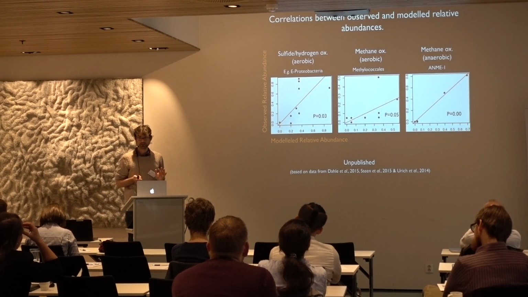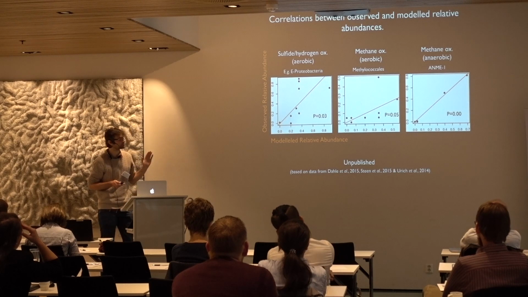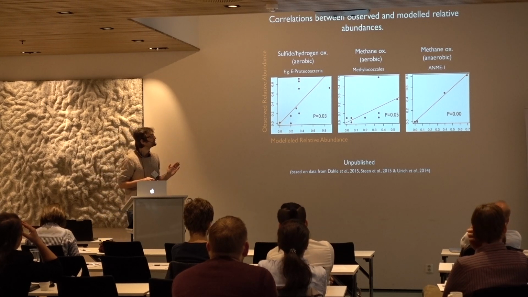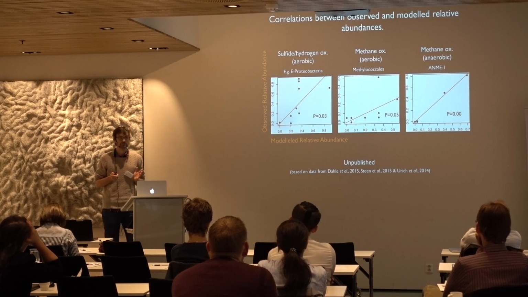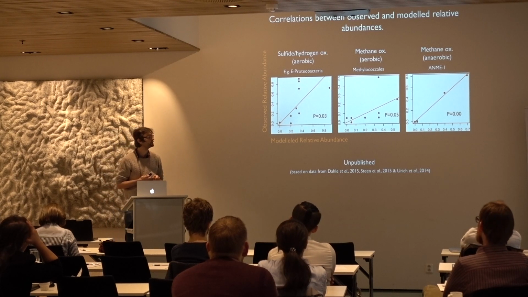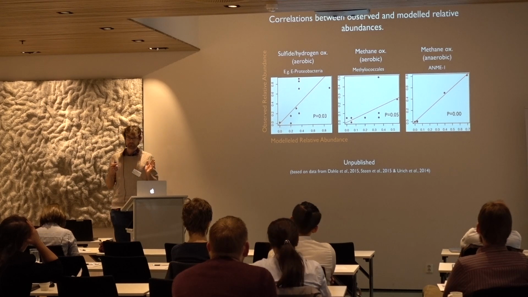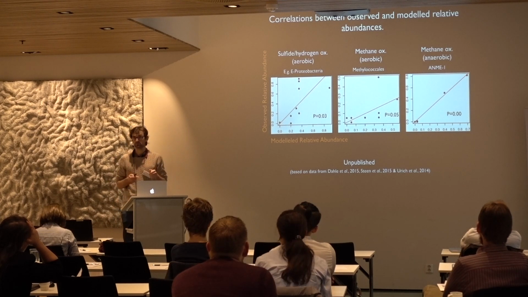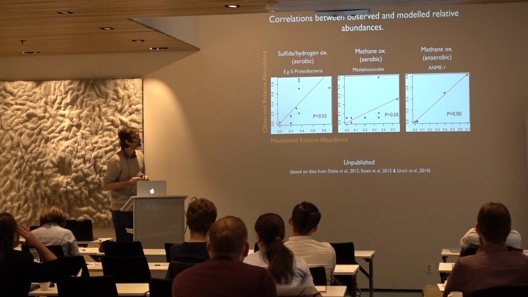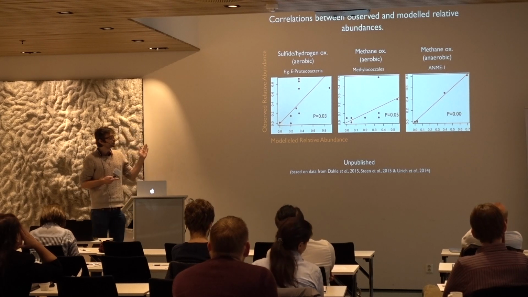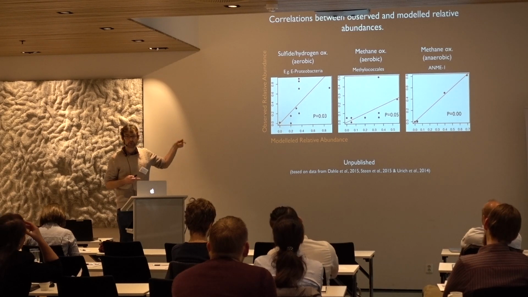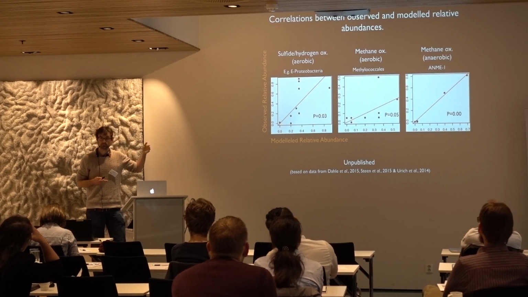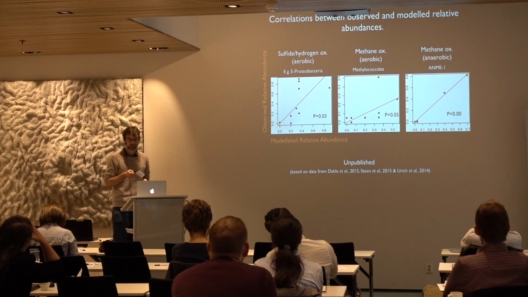For the most dominant groups here, we see a correlation between the relative abundances of these major metabolic groups and what we observed compared to our models. And again, this is based on energy densities. It does not work if you look at the energy available per electron, for example, which is interesting.